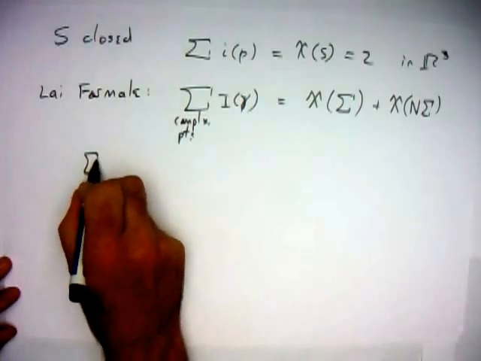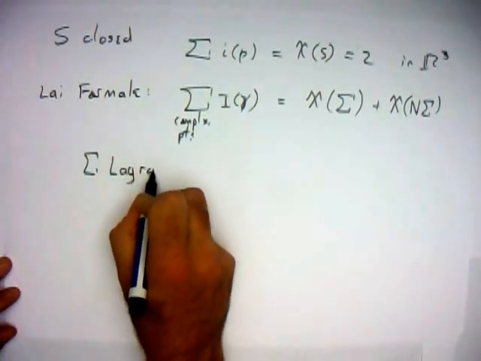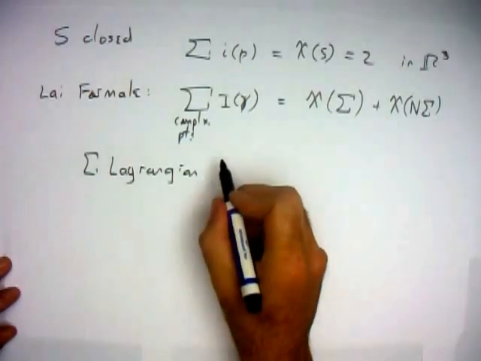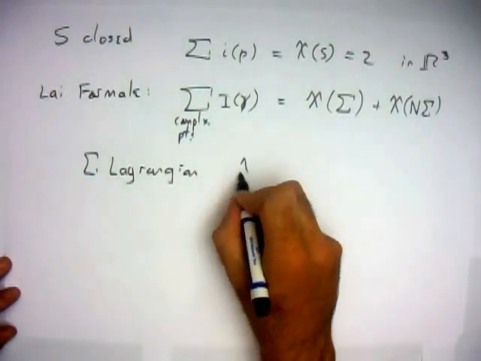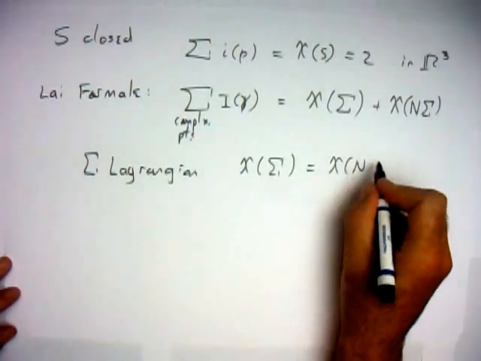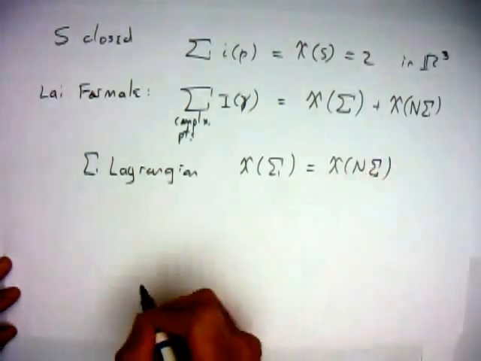You can go further if your surface happens to be Lagrangian, as it is with us. Of course, then you have an isomorphism between tangent and normal in exactly the same way as in the definite case. So the Euler characteristic of this is the same, in fact, as that of the normal. This comes in later.